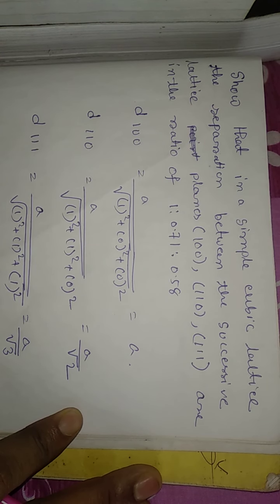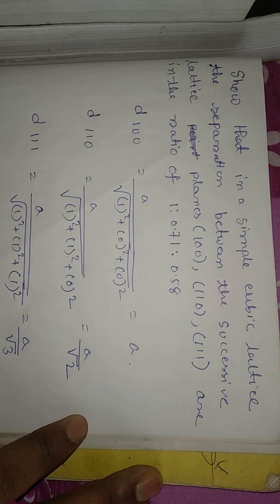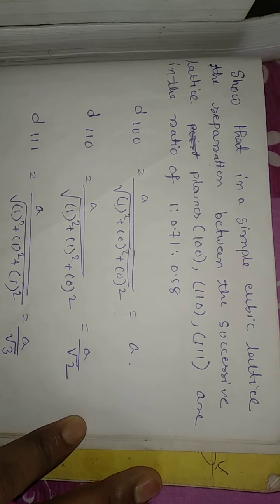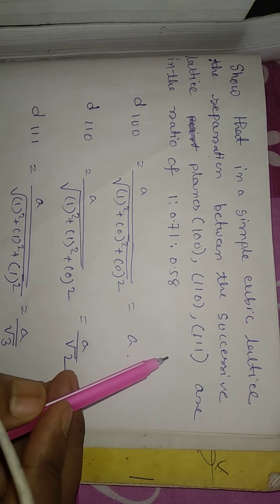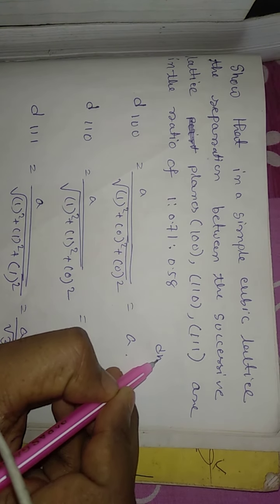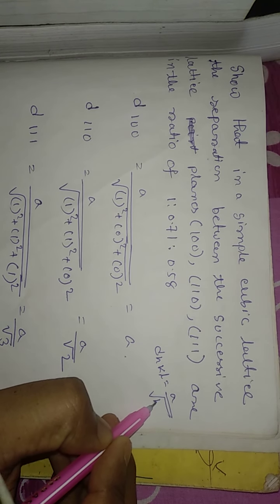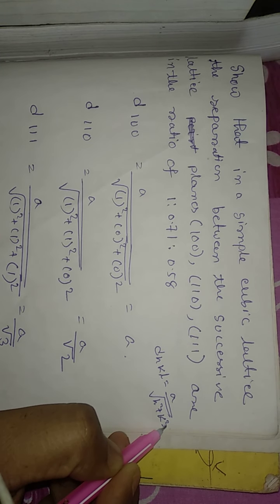As you know, the expression for the interplanar distance, or the distance between the origin of the cube and a plane with indices hkl, is dhkl. The general expression is equal to a by under root of h square plus k square plus l square.